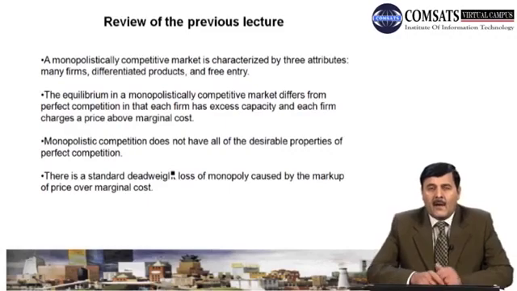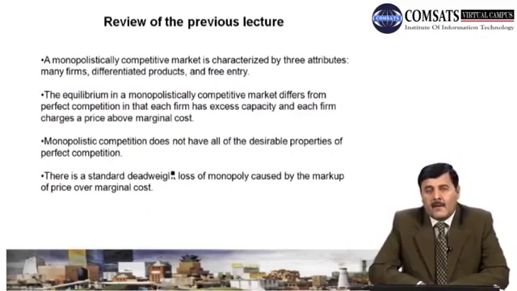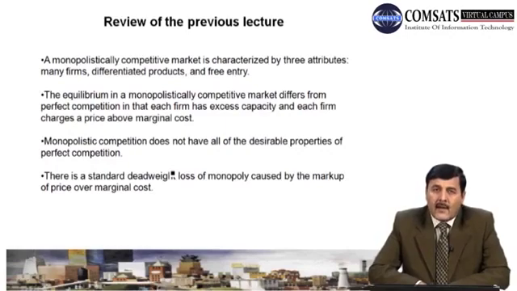So because of these two points we can differentiate this market structure: there is excess capacity within the firms under monopolistic competition, and they charge higher prices as compared to the perfectly competitive market.